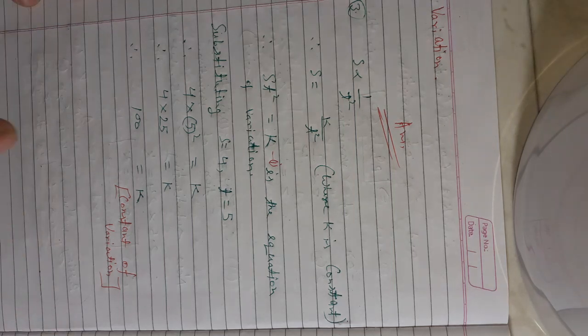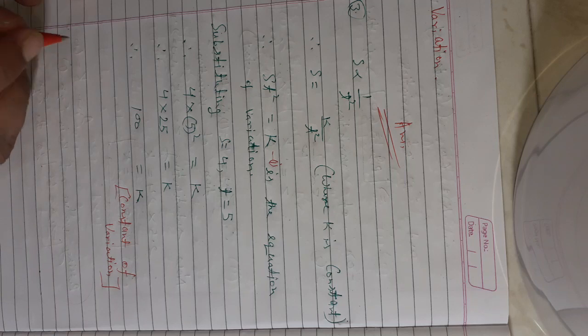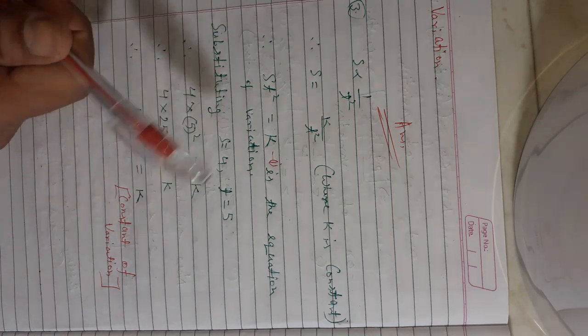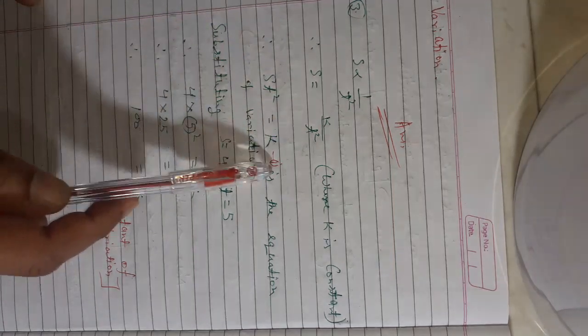Okay. Now you substitute the value of k in equation 1, because you have to find the equation also. This is st square is equal to k, and here you have to put the value of k.